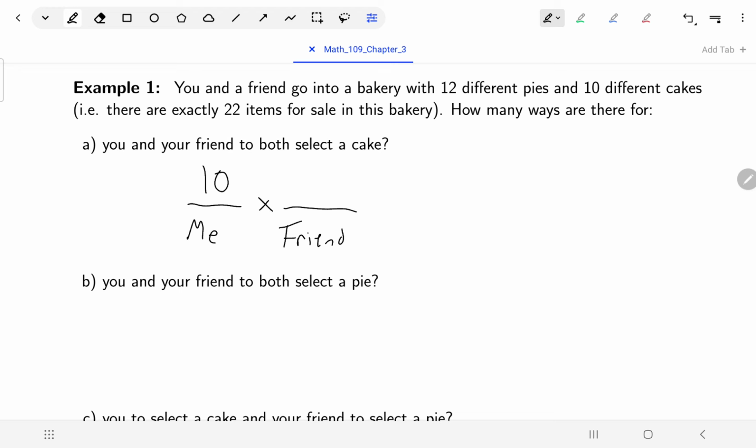Now, here's what we need to keep in mind. Of course, once I've taken that cake, purchased it, and walked out the door, my friend won't have 10 options for cakes anymore. They'll only have 9 options remaining. So, whether I go first, I have 10 options, then my friend has 9. That means that'll give us 90 possibilities in total.